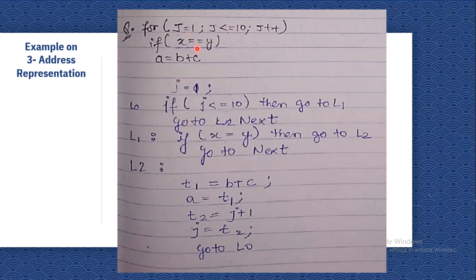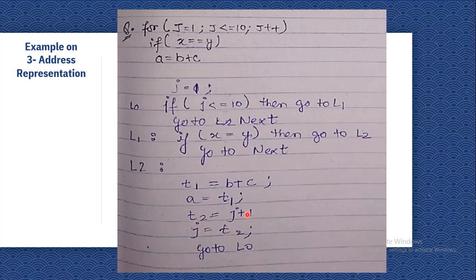And if this condition fails, then go to L1, where we are storing the value of b plus c into T1. This value of b plus c, which is stored in T1, will be transferred to the value of a, while j plus 1 is stored in T2.